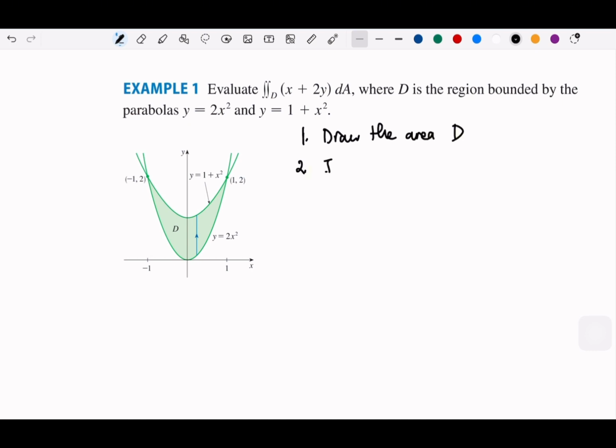Second, find the intersection between curves, if there are any, which we can get from 2x squared equal to 1 plus x squared.